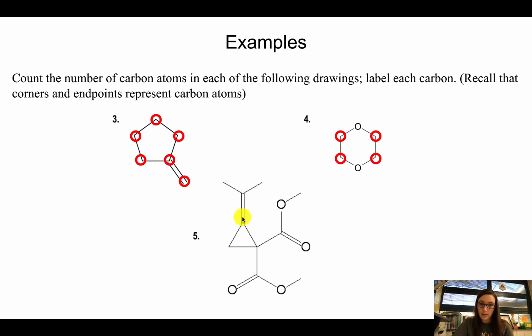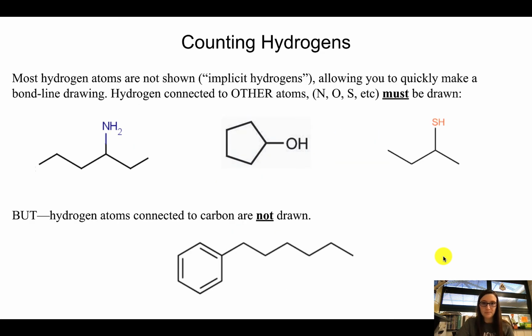This represents a double bond. So 1, 2, 3, 4, 5, 6, 7, 8, 9, 10. We count 10 carbon atoms here. Every corner, every endpoint is a carbon atom.